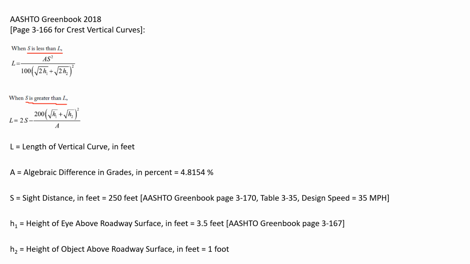This is why we have to use the base equations instead of the default values in the Green Book: 1 foot for our height of the object instead of 2 feet, which is the base assumption in the Green Book. When you use the default assumptions, the equation for the length of the vertical curve is simply L equals K times A. So everything outside the A in these equations builds up our K value, which was 29 for this curve when we kept all those default assumptions in place.